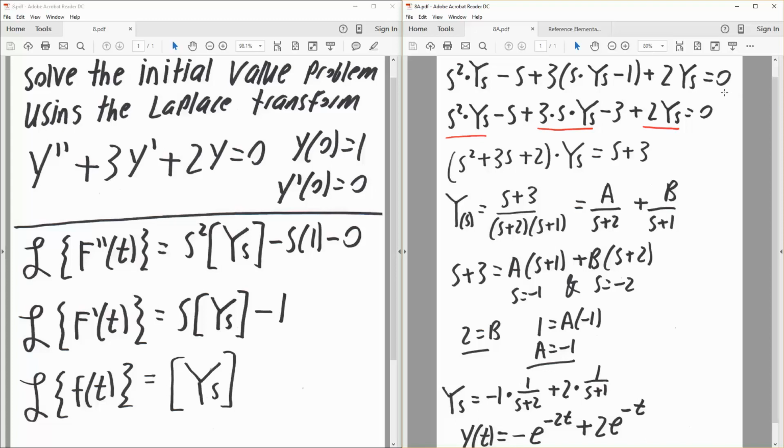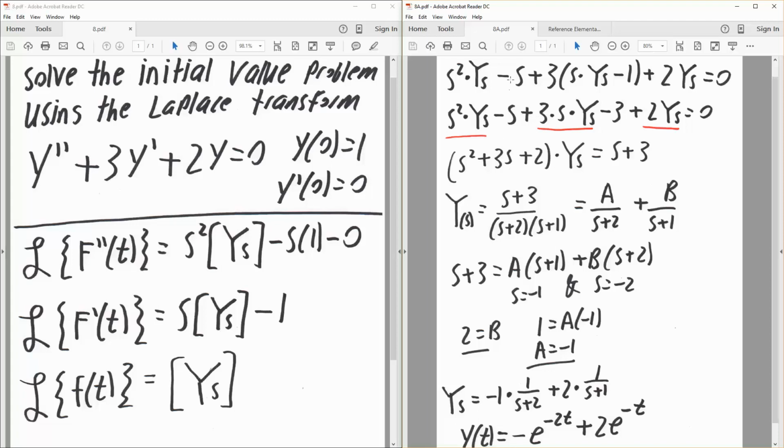The next thing we're going to do is group everything. We have s squared times Y(s), 3 times s times Y(s), and 2Y(s). So we can say parentheses s squared plus 3s plus 2, times Y(s).